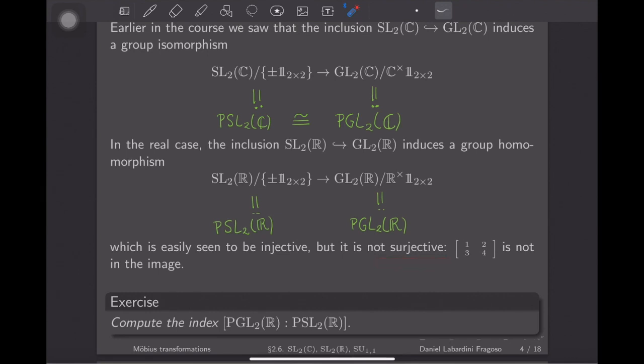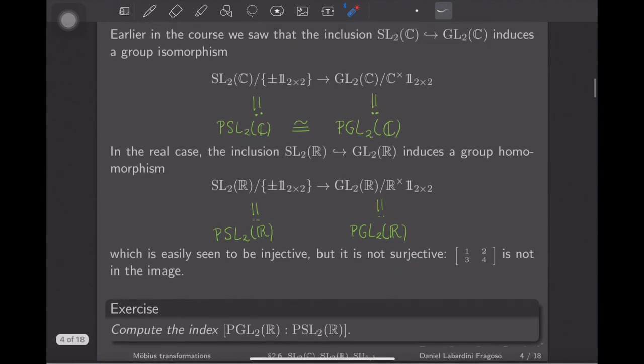Right? I mean, just take this matrix which has determinant 1, what is 4 minus 2, it is not in the image, right?